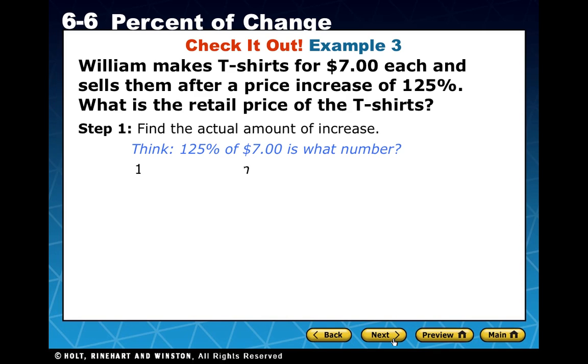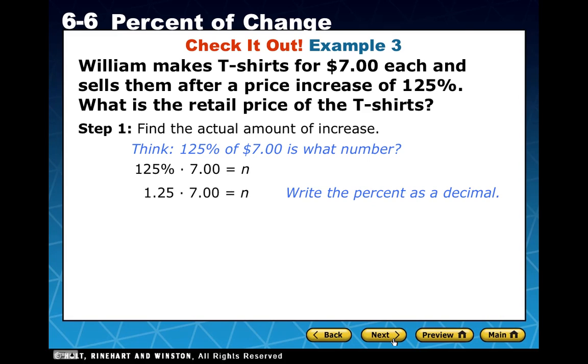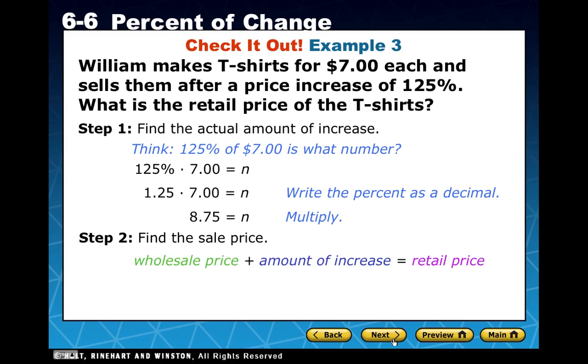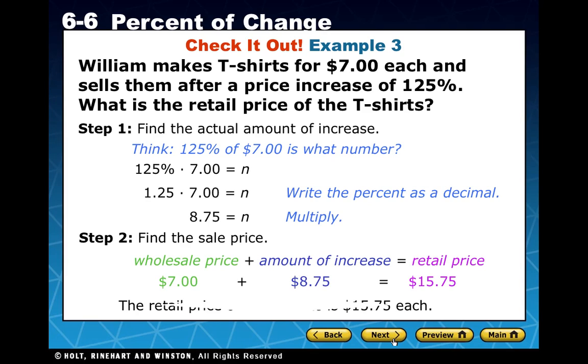So we need to find that increase of $7, 1.25 times 7 equals n. That will give us $8.75. And so we'll add that to what he pays. And we find that the retail price, what he would sell them for, is $15.75.